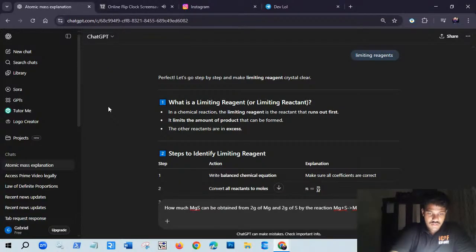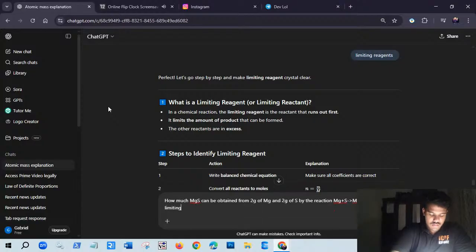Which is the limiting reagent? Calculate the amount of the reactant which remains unreacted.